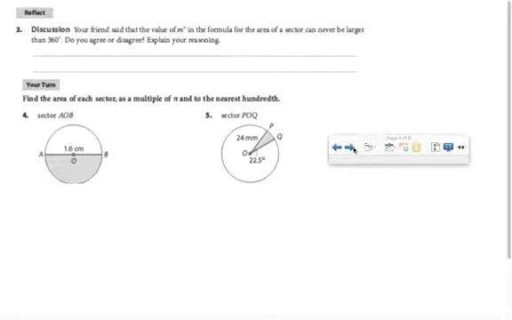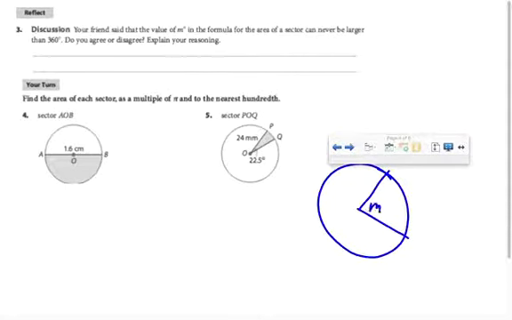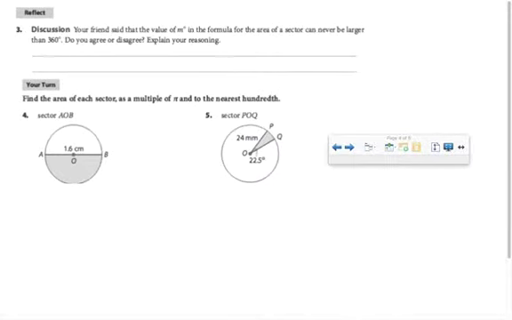Your friend says that the value of m in this formula can never be larger than 360. Do we agree or disagree? Well, remember what the m represents. The m represents the angle here. Well, remember, there's 360 degrees around the circle, so we agree.